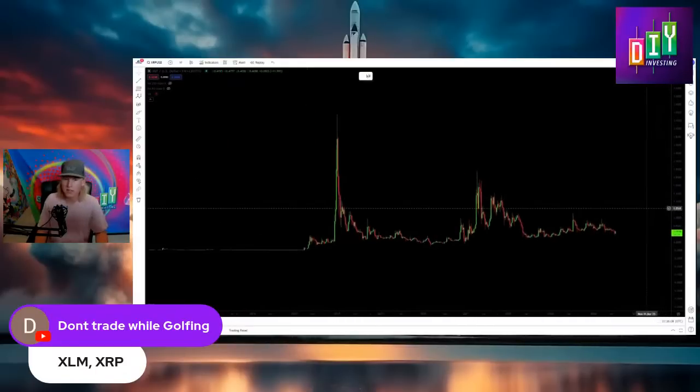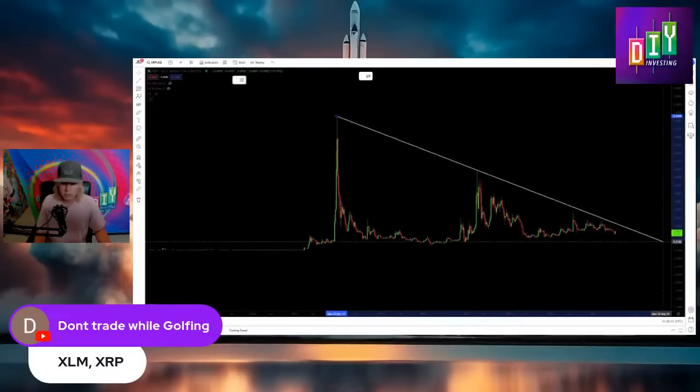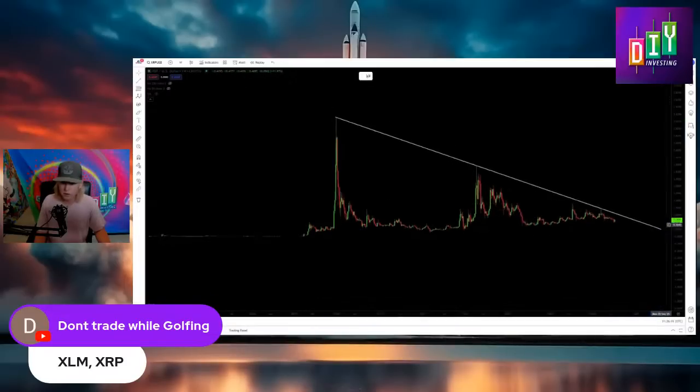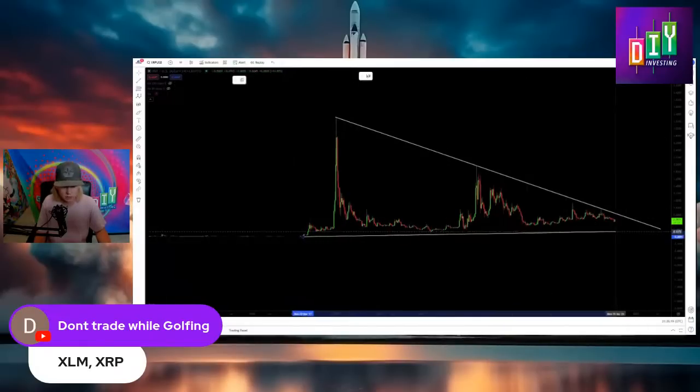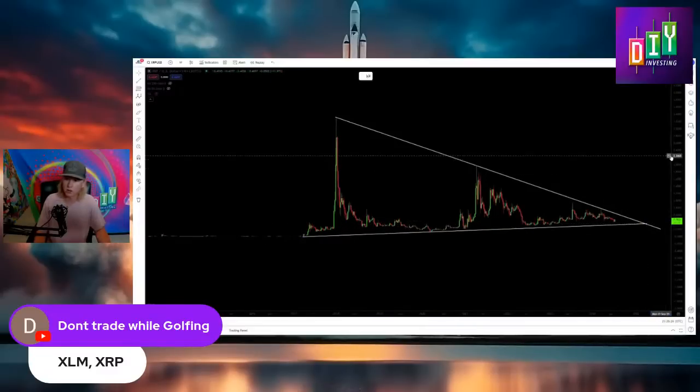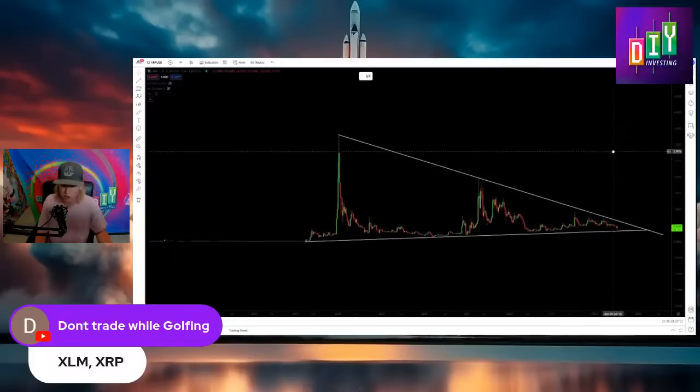But the big thing that I watch for with XRP, we have a main descending resistance right here. And then it's kind of looking like some type of symmetrical triangle formation, which I actually have to come down a little bit lower. Right about there. So to me, this is just a long-term accumulation pattern.